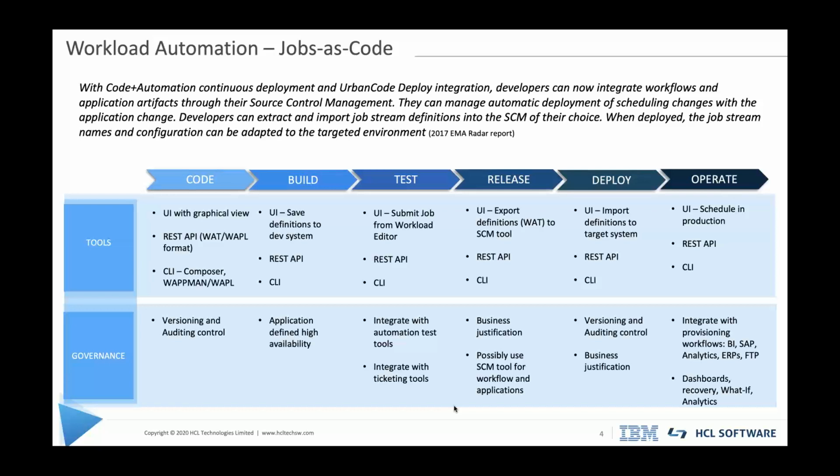And consider also the possibility to leverage the integration with IBM Urban Code Deploy. We will show that later with a specific slide, how you can do that. Also, that is a way to automate all this flow.